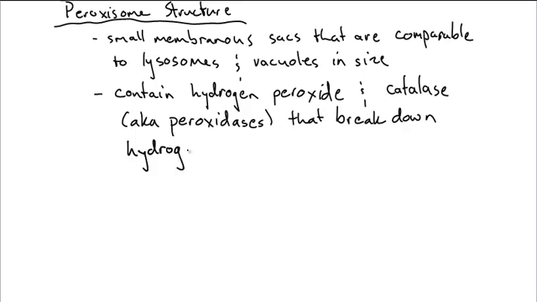So they don't contain hydrogen peroxide because we want them to contain hydrogen peroxide. They contain that as a byproduct of the reactions they perform, and then we get rid of it using catalase. Okay? And they are abundant in kidney and liver cells.